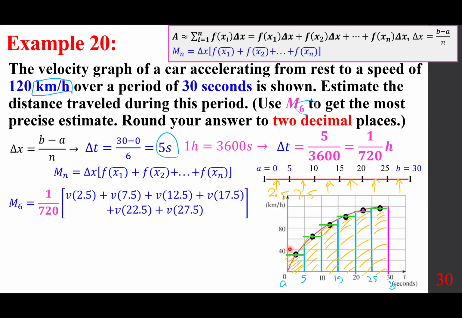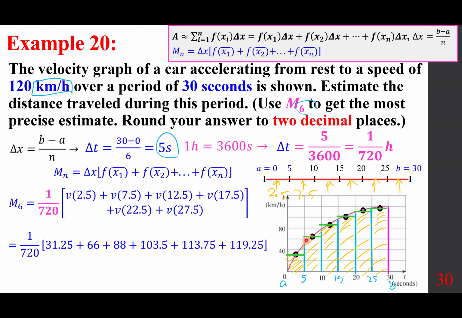If this is 40, this is 80, it seems to be 31.25. This one, remember, this is 60. So this is maybe about 66. This is 80. That means this is 100. This is almost halfway close to 90, and so forth.